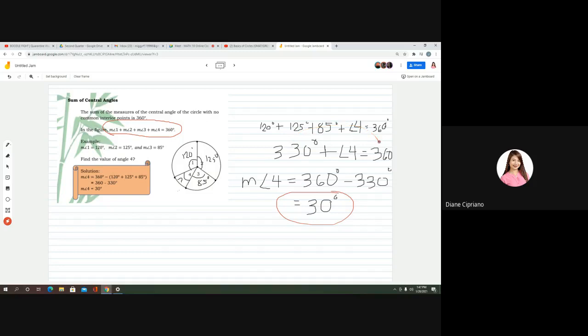Kasi you overpass the equal sign, meaning you need to negate your given. So, naging 360 minus 330 degrees, the answer is now 30 degrees. Therefore, the measurement of angle 4 is 30 degrees.